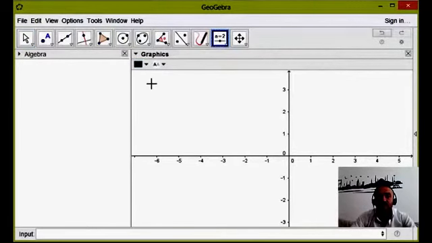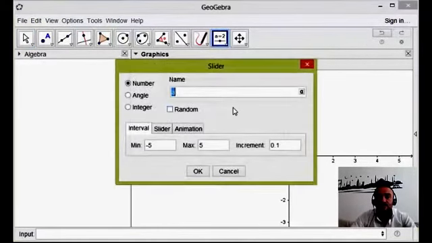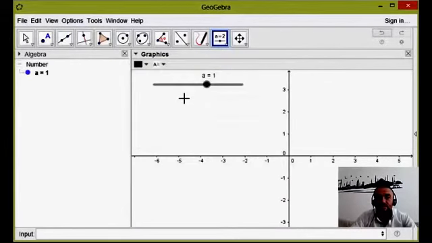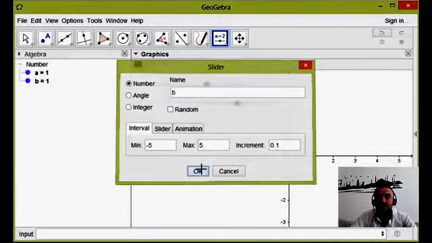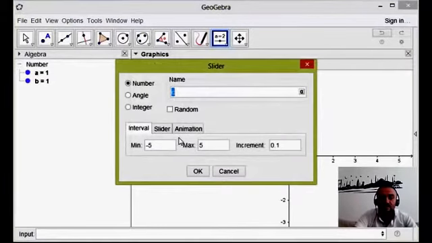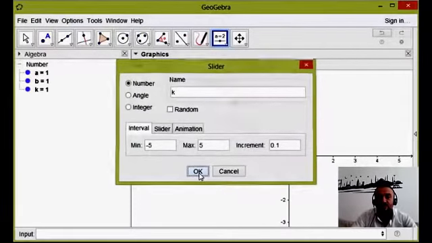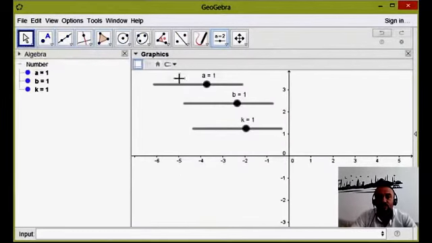I will use sliders to make a generalization after creating the parabola, which are a, b, and k. I will show you the role of the sliders now.